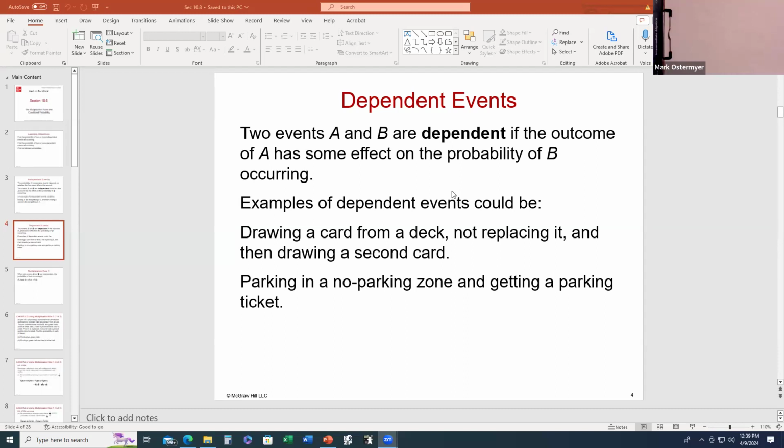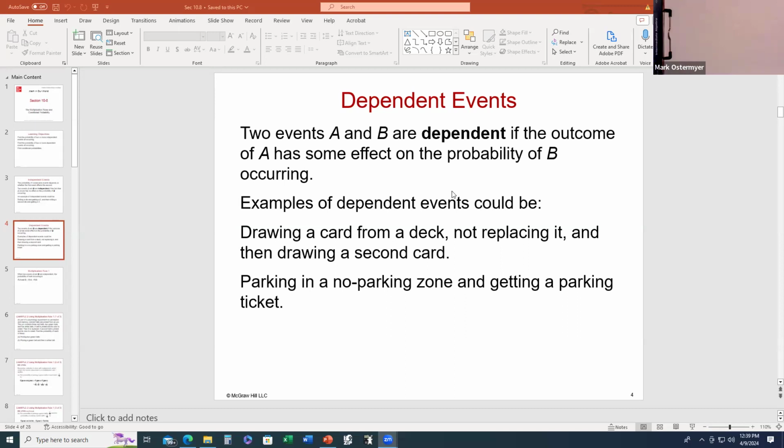So any experiment that is conducted without replacement involves events that are dependent, not independent. All right. Another example of dependent events would be parking in a no parking zone and getting a parking ticket. I think it's safe to say that if you do that, you run the risk of getting a parking ticket. So those are dependent events. Those are not independent events.